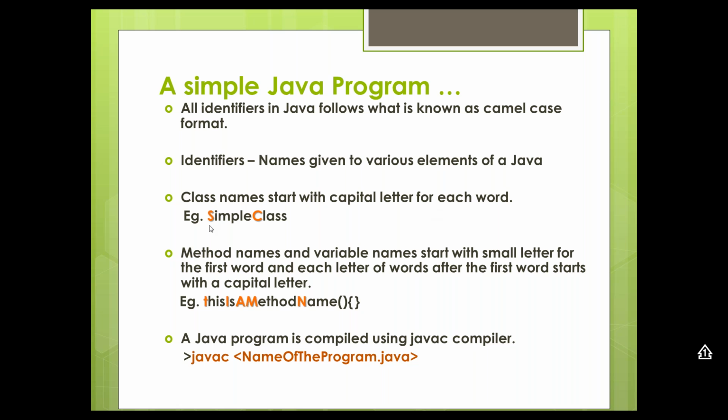For example, we have defined a class called SimpleClass. This has two words, Simple and Class, so there are two capital letters: S, the starting letter of Simple, and C, the starting letter of Class.